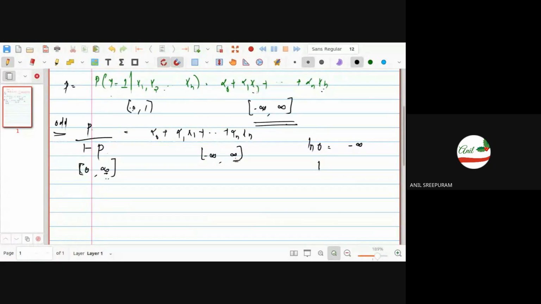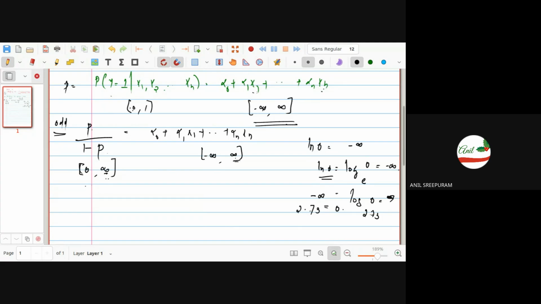What is ln 0? ln 0 means log e, which is the power you should apply to 2.73 to get the value 0. So you should apply 2.73 to the power minus infinity to get 0, because higher powers of 2.73 will be giving increasing values, so you give only negative values. Ultimately, when the power is minus infinity, you will be getting 0. So that means ln of 0 is minus infinity.